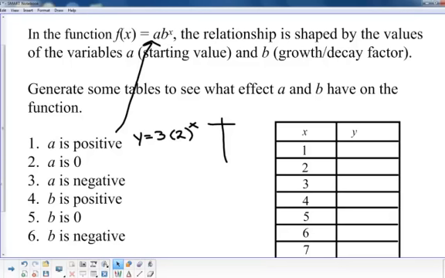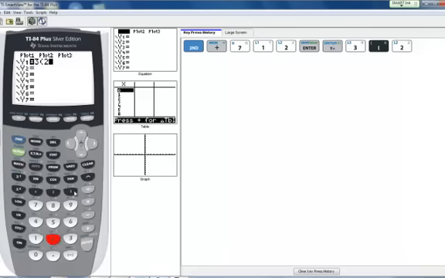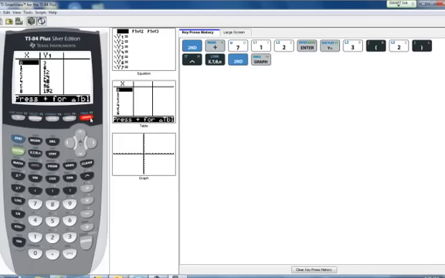I'm just going to do this on the calculator. So if a is positive, so let's make a 3 times 2 to the x. If you look at a table of this, we start at 3 and then we're constantly doubling.